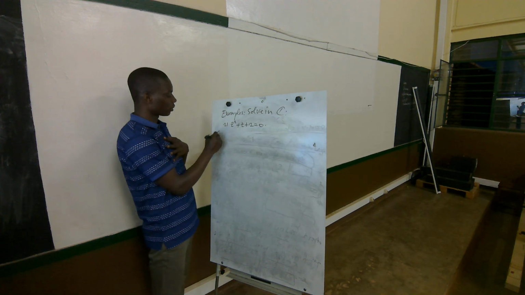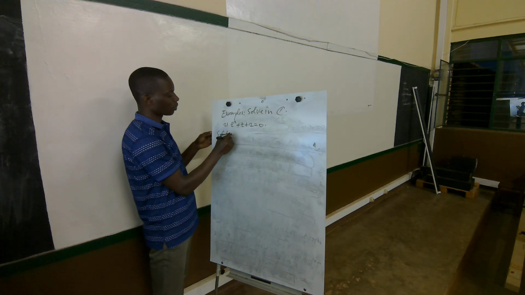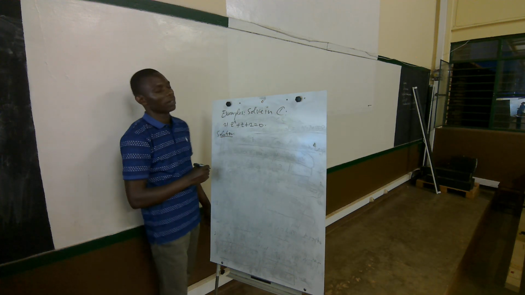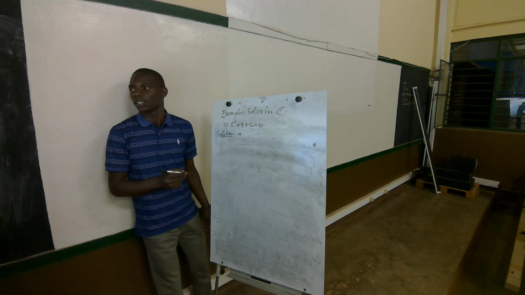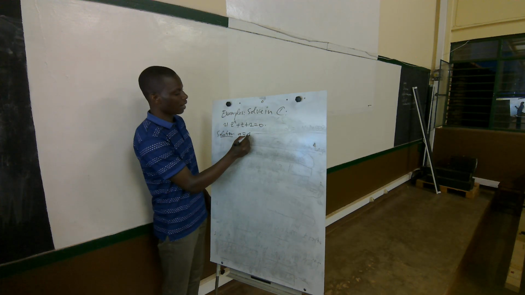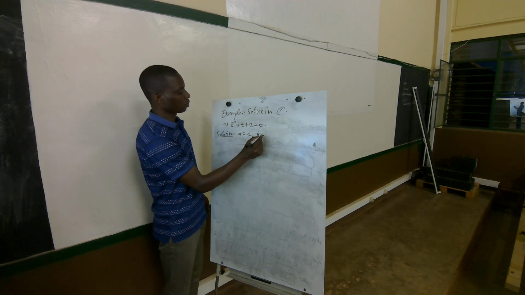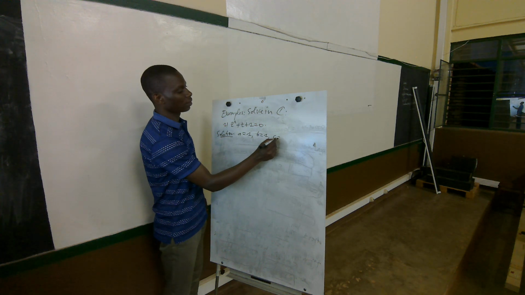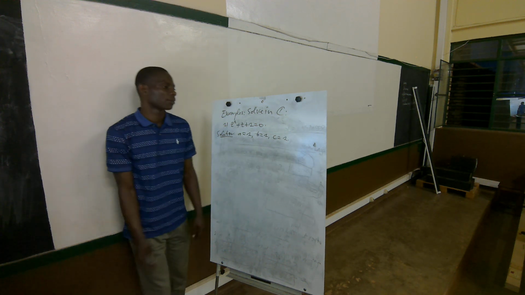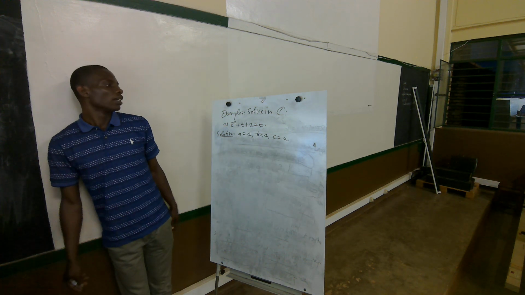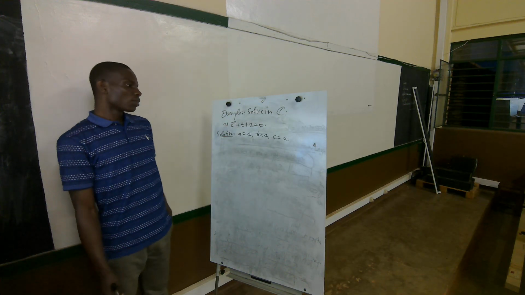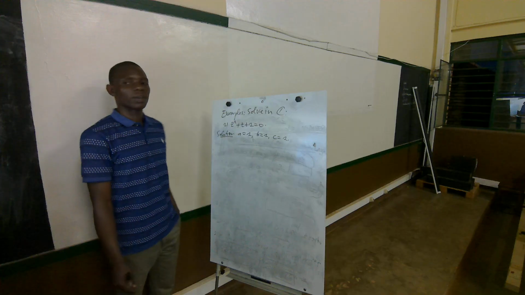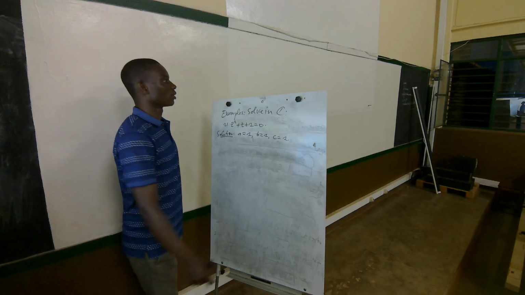Now from this one we have a equal to 1, b equal to 1, and c equal to 1. Now we can find our determinant. Let's use the determinant formula.